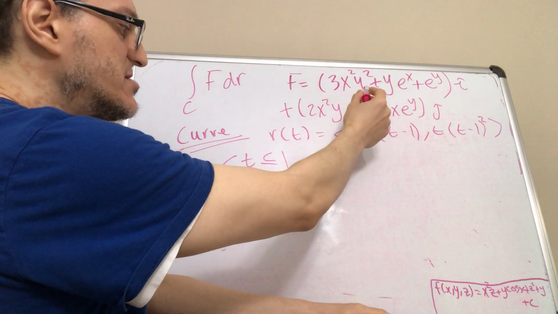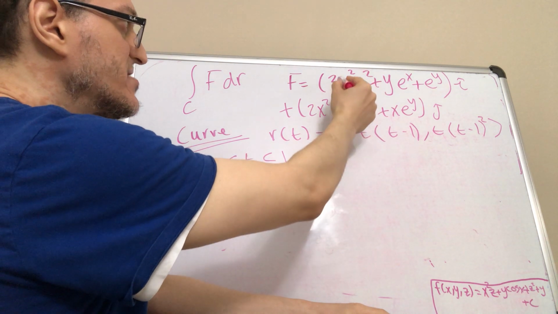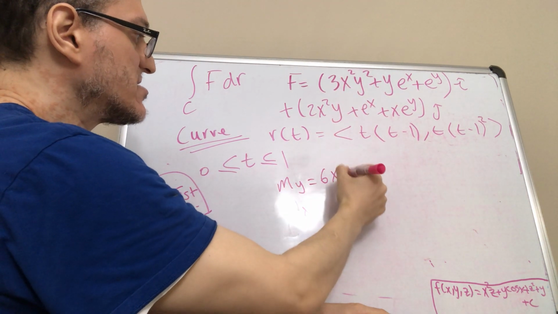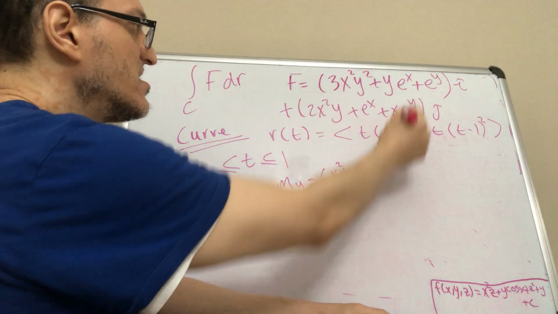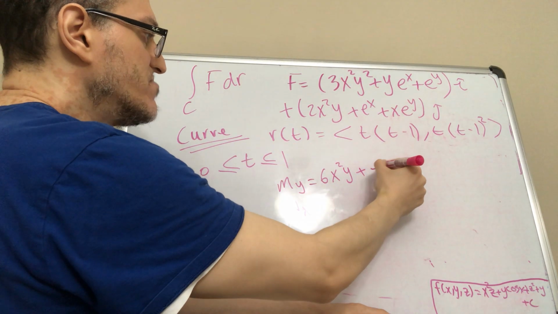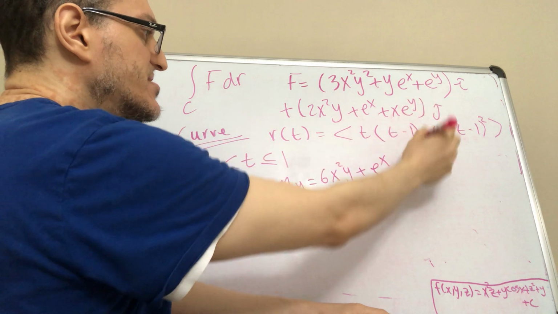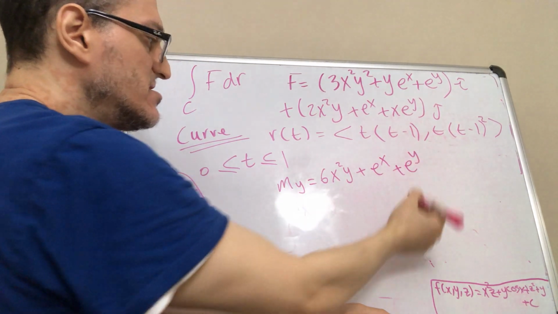So you find the derivative of this with respect to y. 3 times 2... oh, this is cubed. So 3 times 3 is 9x squared y squared, and a constant y would be the constant. The derivative of this with respect to y is e to the y.